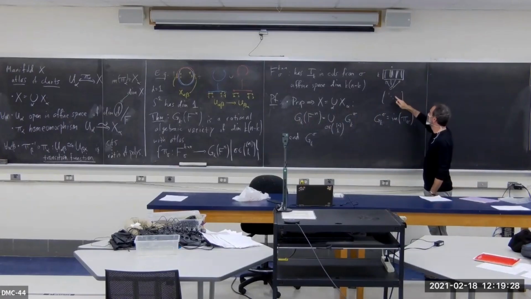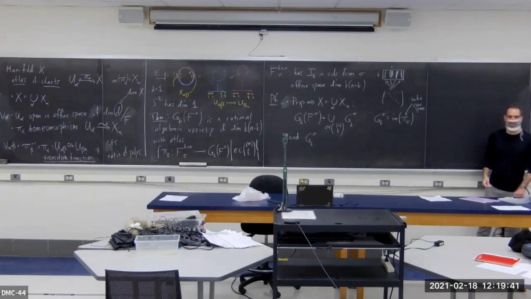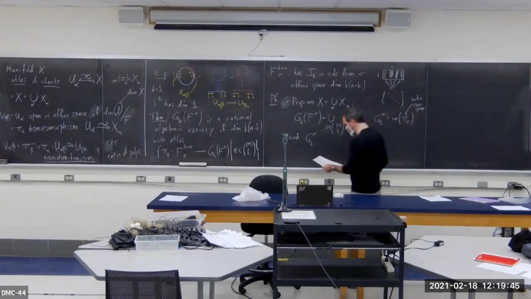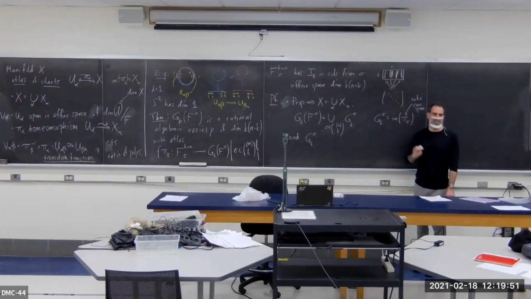If you have a matrix that has an identity block in these columns, then you can take the row span. So pi sigma is take row span. Okay, so G_k sigma is the subspaces that are row spans of matrices with identity blocks in columns from sigma.